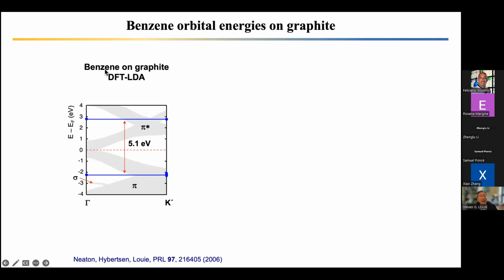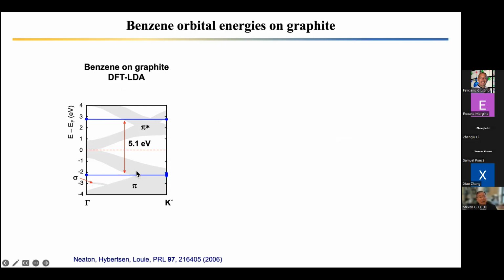So let's look at the case of benzene on top of graphite. So you do a DFT, LDA, or hybrid kind of calculation. What you find is the molecular levels will not be changed very much from that of an isolated molecule because the molecule is at a van der Waals distance away from graphite.